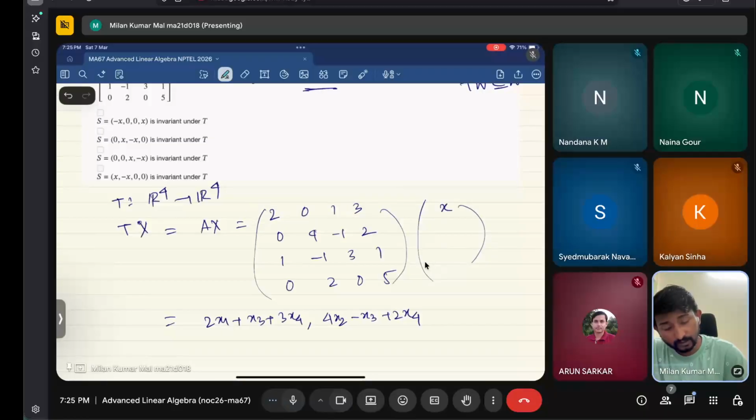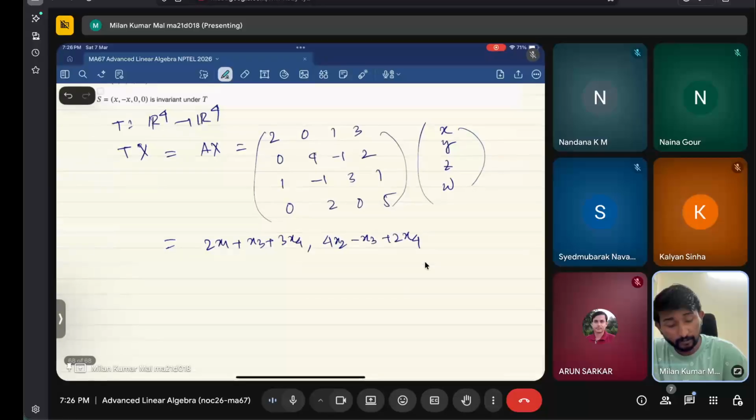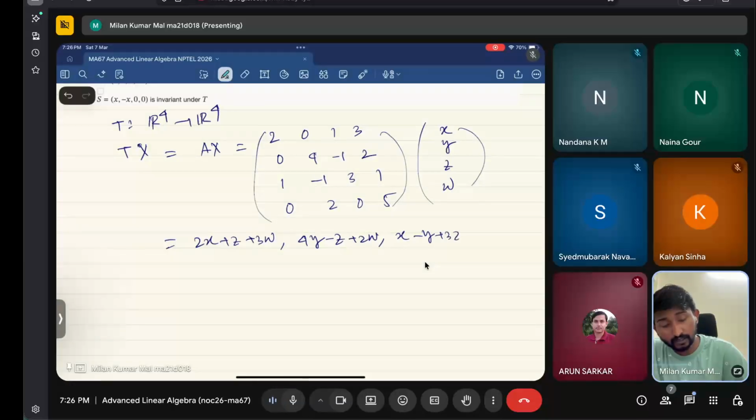x, y, z, w. So this will be 2x plus z plus 3w, comma, 4y minus z plus 2w, comma, x minus y plus 3z plus w, comma, 2y plus 5w.